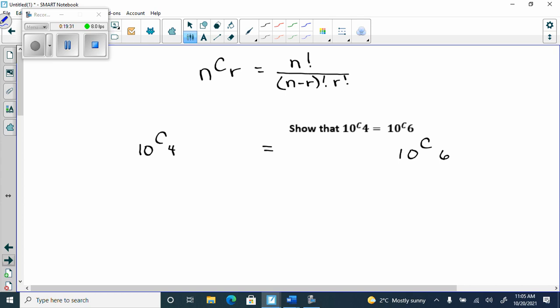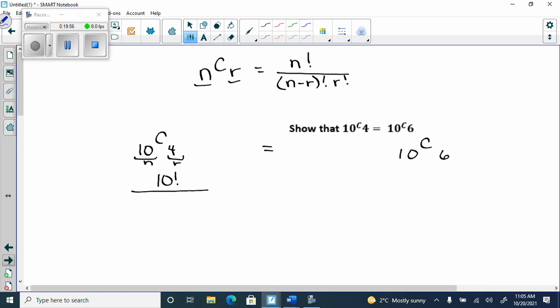Okay? Let's show why. So this is my n. This is my r. Because it's n, r. n always has to be greater than or equal to r. Right? We know that. You can't have like four things and choose 10. That makes no sense. So we're going to fill it into the formula. So we get n factorial. So we're going to get 10 factorial over, then we do 10 minus r factorial.